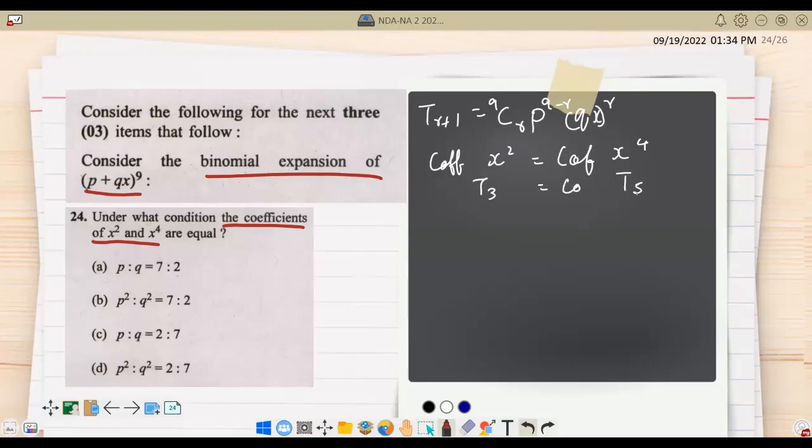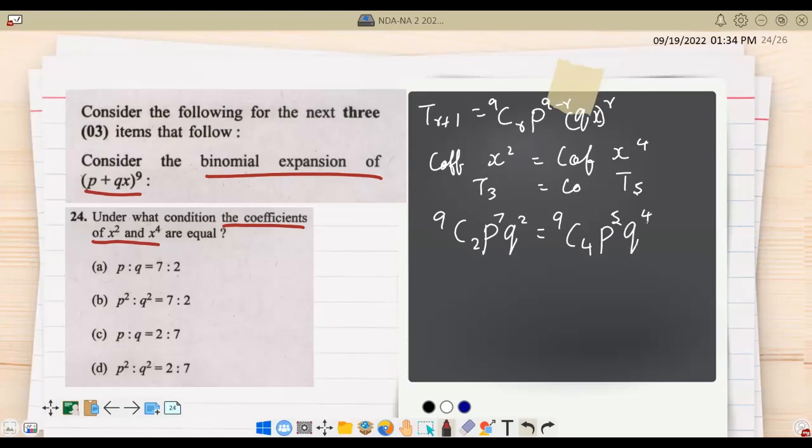So first we'll list the coefficients of T3 and T5. So it is 9C2 P to the power 9 minus 2, that is 7, Q2. This will be equal to 9C4 P to the power of 9 minus 4, that is 5, and Q to the power 4.